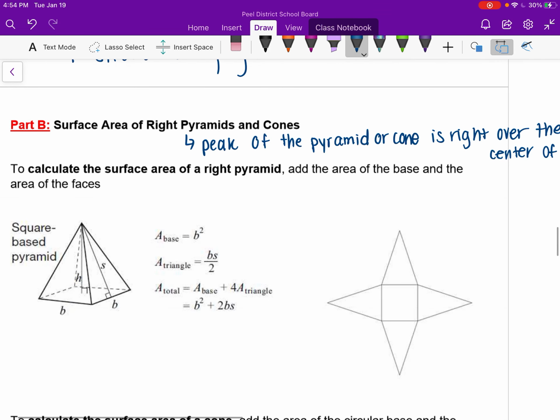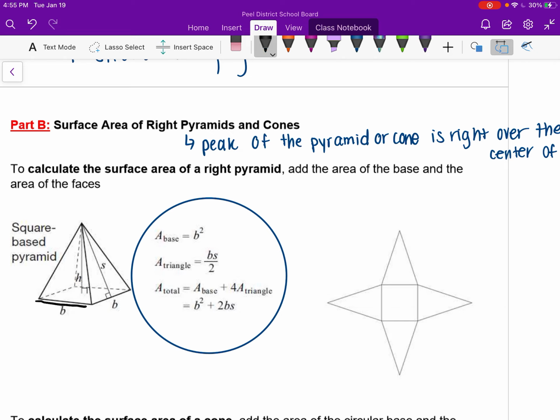So this formula is straight out of your formula sheet. We have them written there, right? So what you're going to be looking at is b squared, which is just this length right here, right? The base of your pyramid gives you the area of the base because it's a square base pyramid.